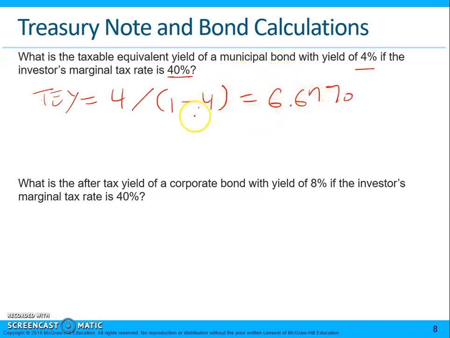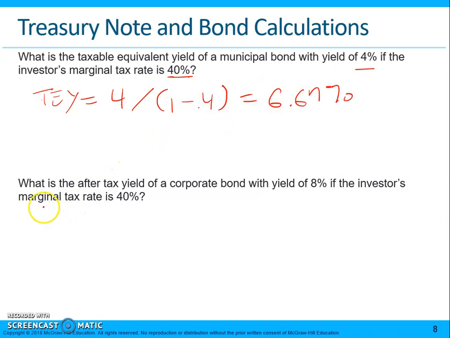These calculations are actually on the table on the previous page. So the taxable equivalent yield of a 4% municipal bond, if the investor's marginal tax rate is 40%, is 6.67%.